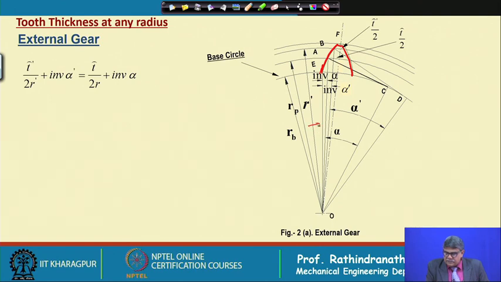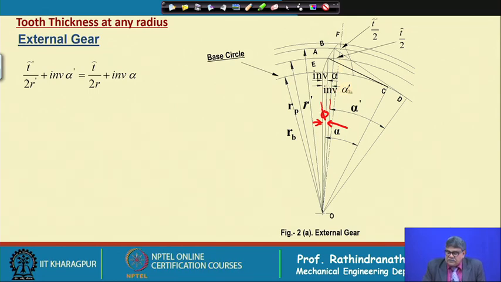That means this angle, total this plus this is phi, or phi angle from this line to this line.